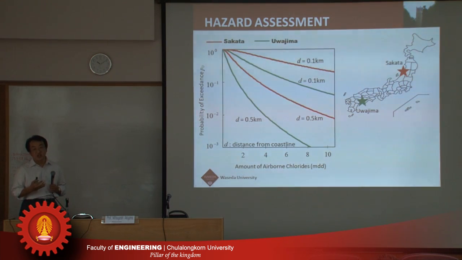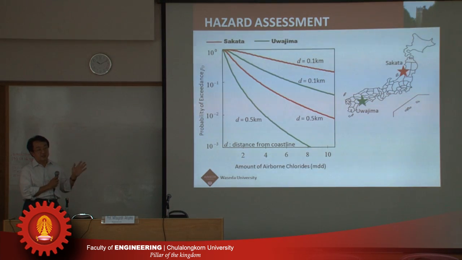So this results in different risk levels of chloride attack. Anyway, to establish a maintenance strategy, it is very important to consider the differences in marine environment using these hazard curves.